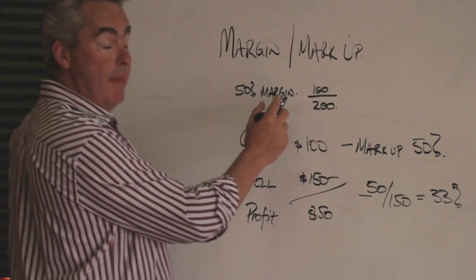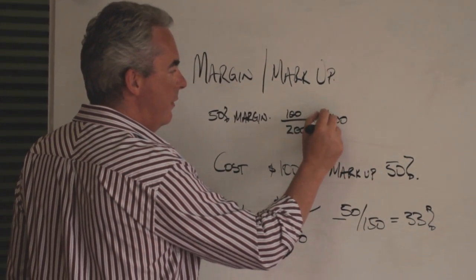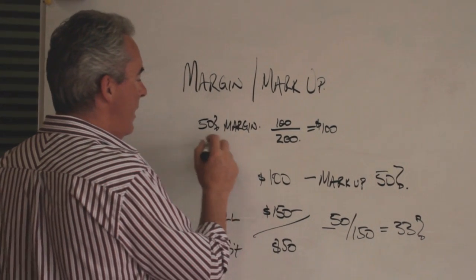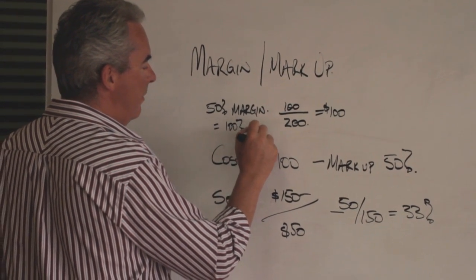So a 50% margin means that we're making a profit of $100. But that equals a 100% markup.